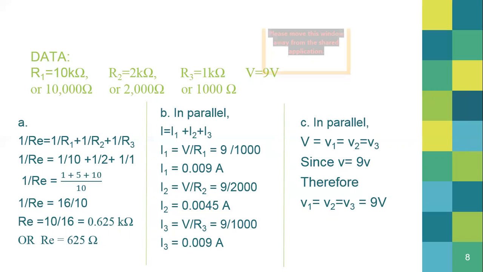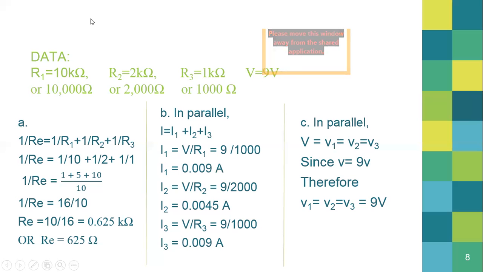Now first find the total or effective resistance using this formula: 1 upon Re is equal to 1 upon R1 plus 1 upon R2 plus 1 upon R3. This is the formula to find the effective resistance when the resistors are connected in parallel. So 1 upon 10 plus 1 upon 2 plus 1 upon 1.